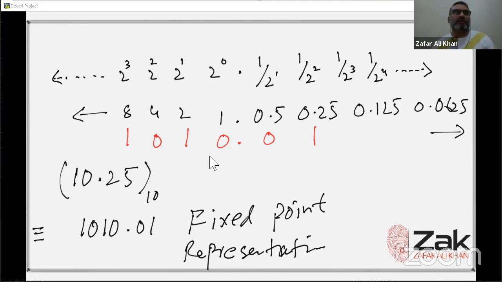Like in VB, it is single and double, and sometimes it is quadruple. So as per the need, how large a mantissa you expect in your calculations, how large an exponent you expect in your calculation, all that needs to be considered. So one point that we have established over here is that we need to find the fixed point to find the binary representation of it in floating point.